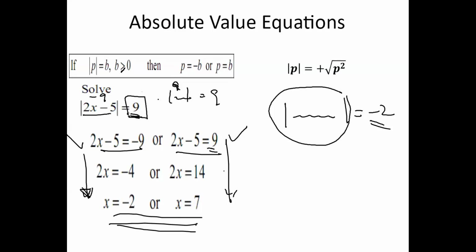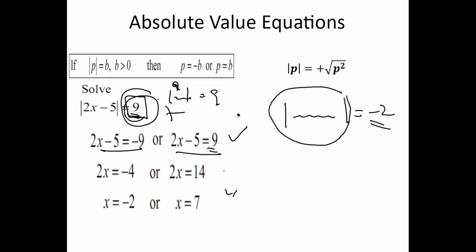You have to make sure that the number out here is a positive number. So before you proceed to solve any absolute value equations, make sure that it's equal to a positive something. If not, don't proceed. Somebody is trying to fool you.